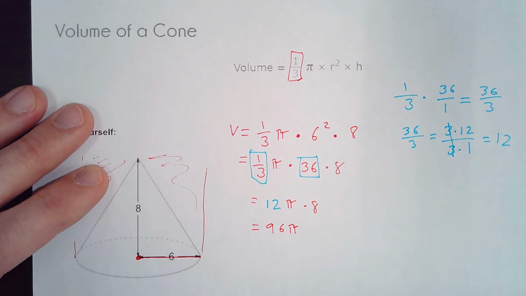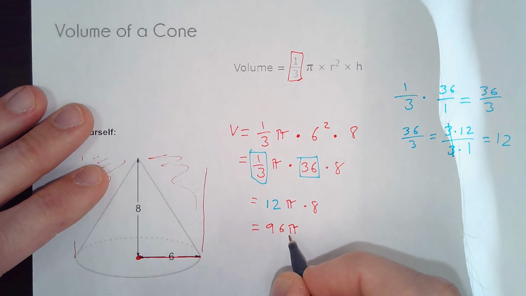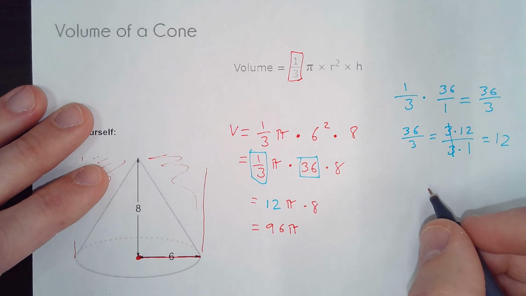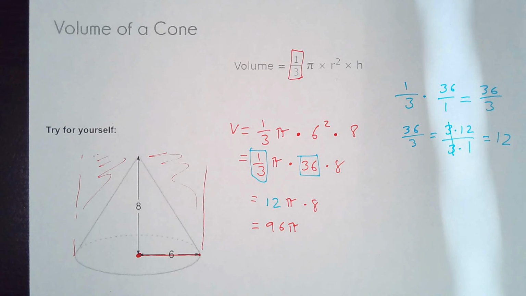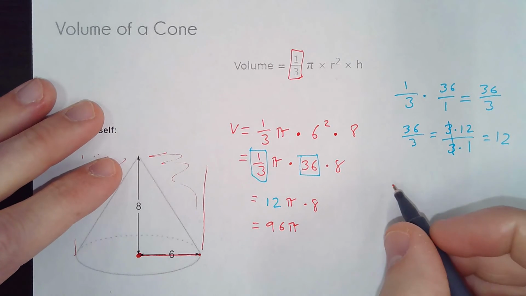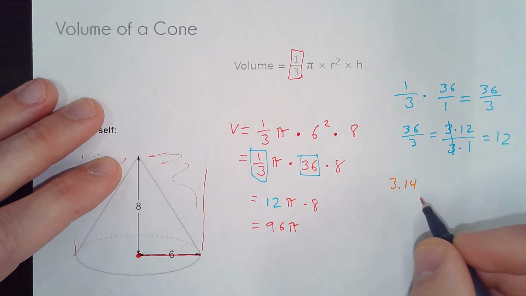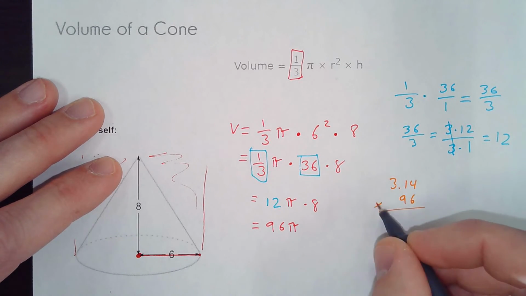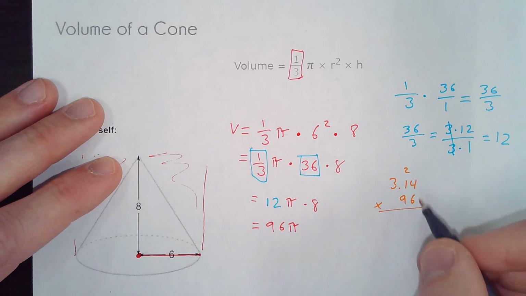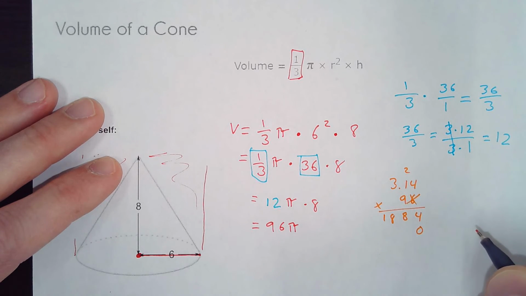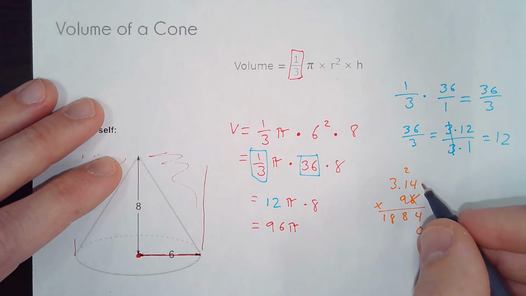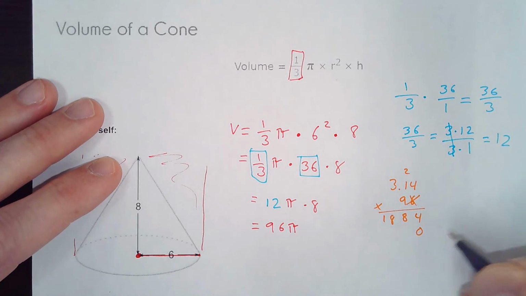And then if we wanted to turn this into a decimal, we would just have to take pi and write it as a decimal. So what's pi as a decimal? 3.14. So we're going to say 3.14 times 96. Multiply it out, we get 24, 8, 18. Done with that, put a 0. 9 times, because now we're multiplying by 90, so we put that 0 down there.